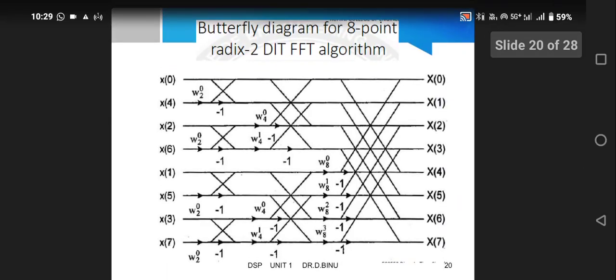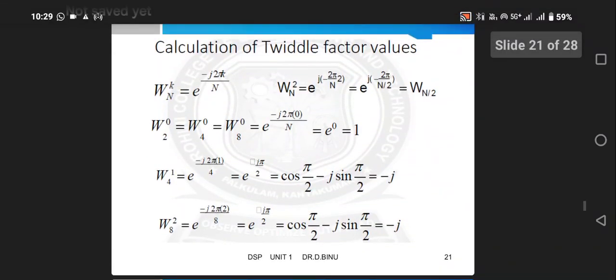The butterfly diagram for the 8-point radix 2 DIT FFT algorithm is represented in the diagram. The calculation for the twiddle factor values is represented in the slide.